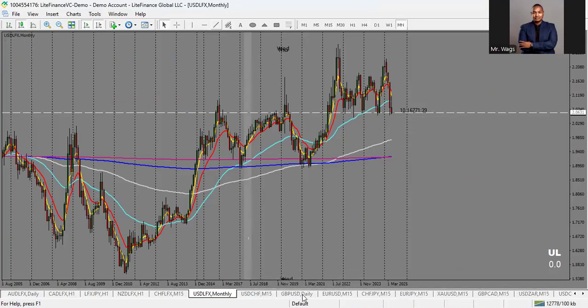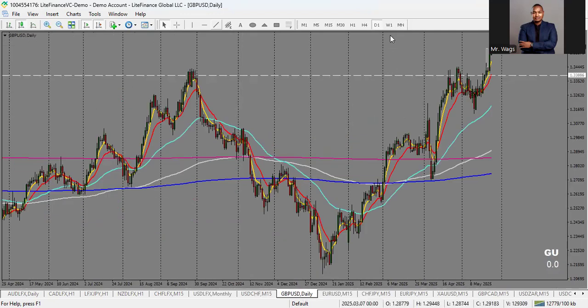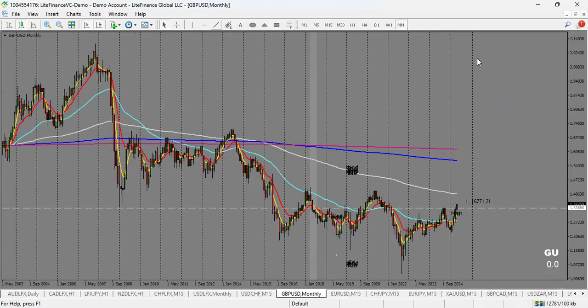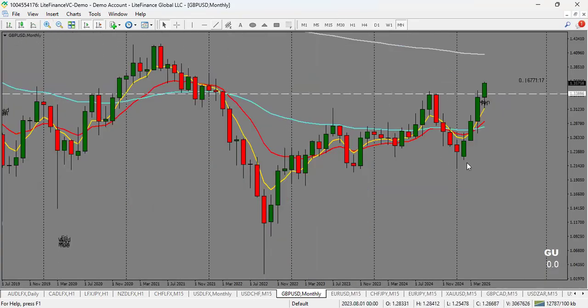So what does that imply for these major pairs? You find pairs like GBP/USD and EUR/USD having a bullish market structure. This is GBP/USD on the monthly time frame. The market structure is strong. We are having a very strong bullish momentum going up, and we can look at our next target.